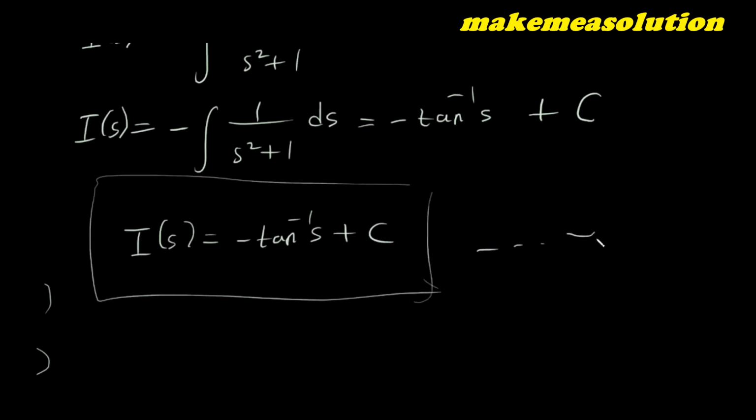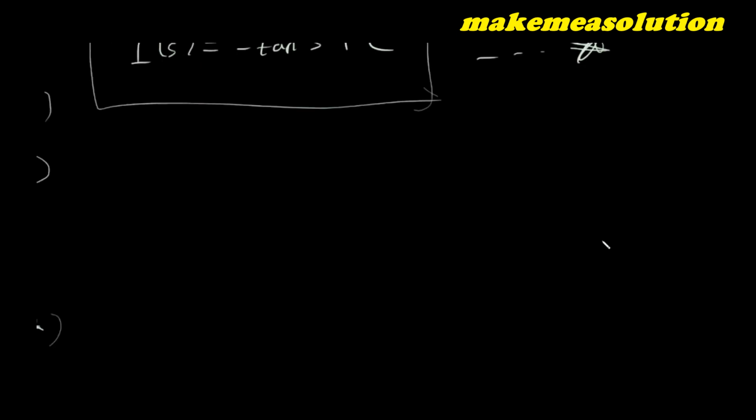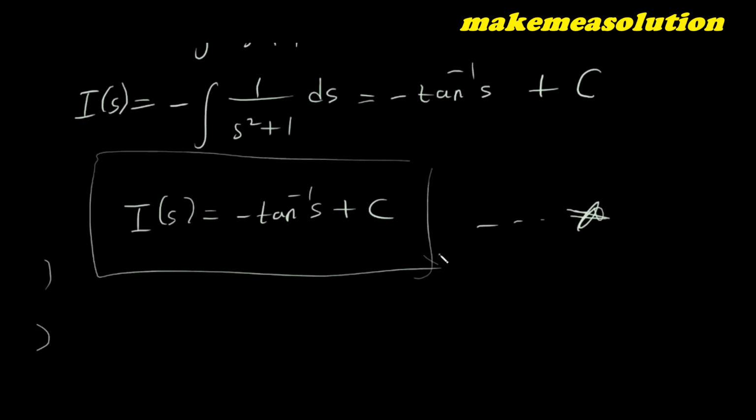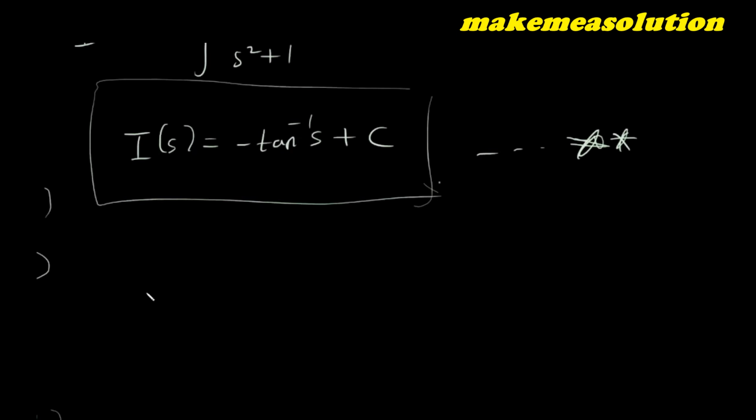All right, so let me keep this here first of all, and actually use a shorter approach to arrive at this point. These equations, double star. Now remember what we did previously. We tried to solve I prime of s is equal to minus the integral from 0 to infinity of exponential minus sx times sine x dx.